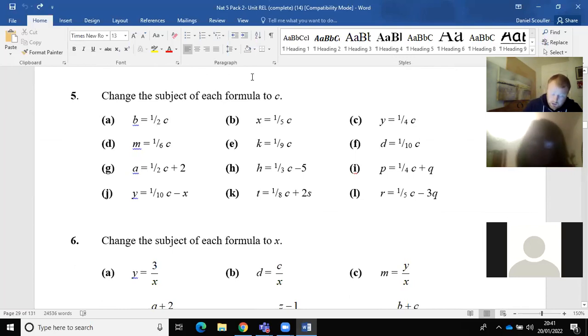I'll just do question A, B equals half C, and I'll do question J. We're changing the expression to show C. So I'll do question A and question J. Y equals 10 C minus x.